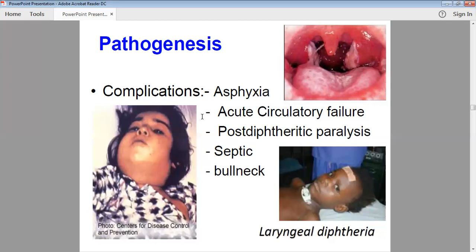It is reversible on recovery. The commonest nerves involved are the palatine and ciliary nerves. That is another complication, the neuritic complication of diphtheria.